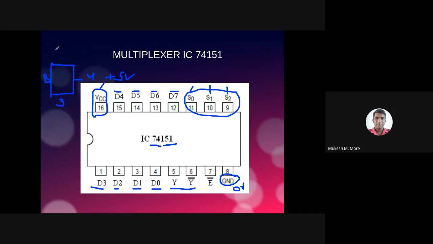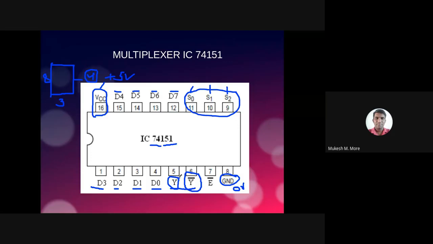In this diagram there is a single output, that is Y, but this IC has a special output, Y bar, at pin number 6. At pin number 6 we get the complement output, and Y is our output.